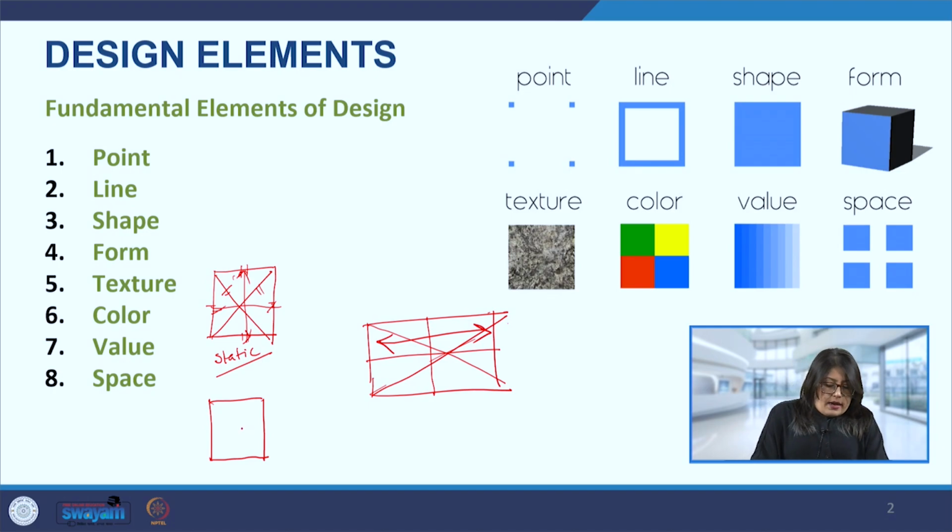So the minute I add a point here, suddenly there is a point of interest that has been generated, and now the eye will move to this point, and you will notice that the eye will mostly keep on focusing on this point itself, because again it's a static plane and the eye movement is restricted.